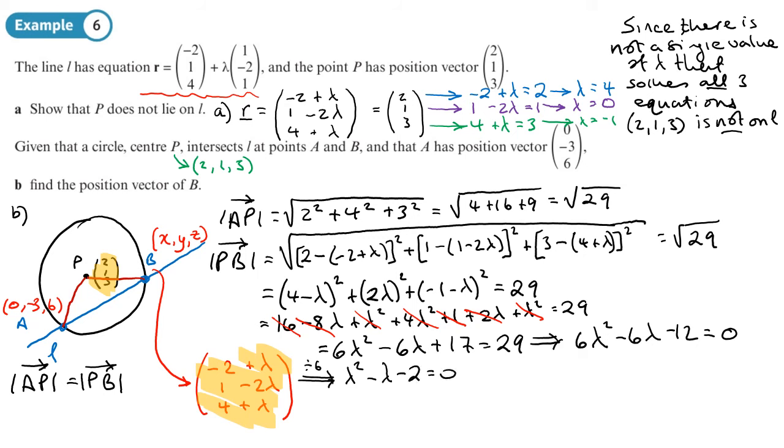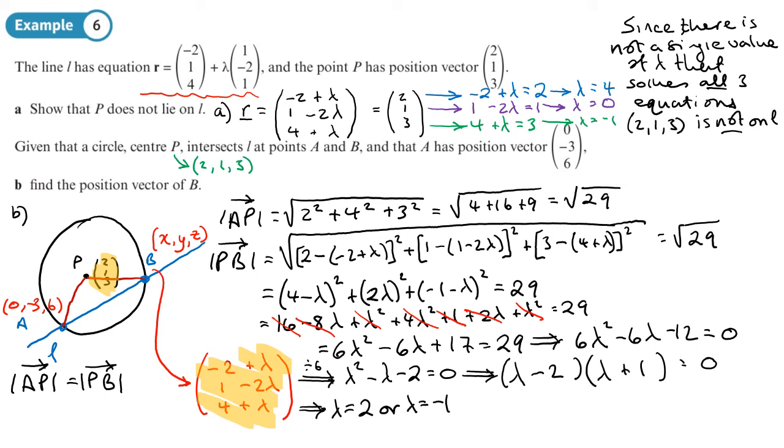That's dead easy to factorize. So that will be a lambda here and a lambda here, -2 plus 1. Which means that lambda is 2 or lambda is -1. So there's our two values of lambda.